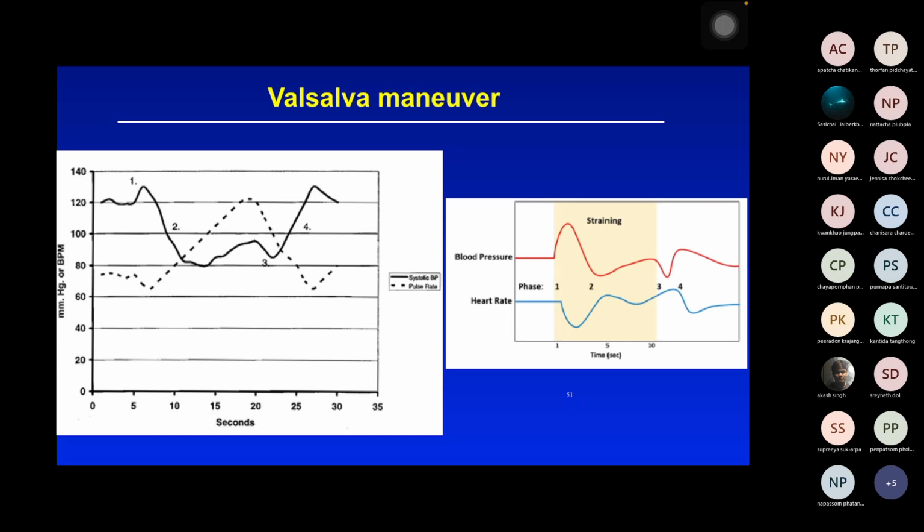What's the Valsalva maneuver? There are four phases. In phase 1, when you try to force expiration, the intrathoracic pressure is increased. When the intrathoracic pressure is increased, the blood coming back from the systemic circulation to the right side of the heart is decreased, because the intrathoracic pressure is increased.